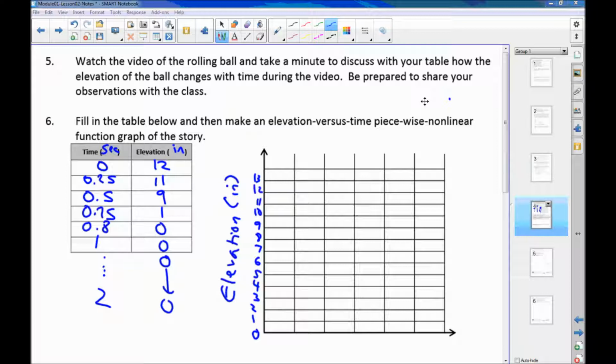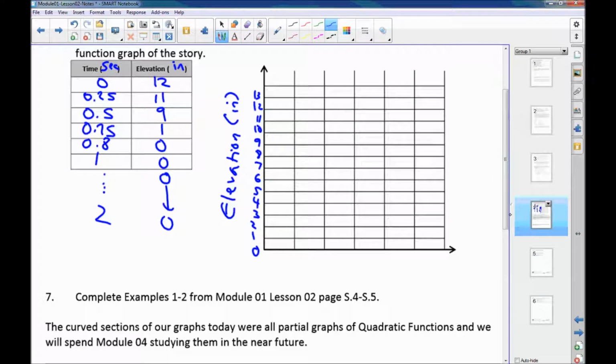And then we're going to go by, let's see, probably by quarter of a second here. So this is going to be our time in quarter of a seconds, which is still seconds. But we're going to write 0.25, 0.5, 0.75, 1, 1.25, 1.5. Okay? All right, let's do some recording.